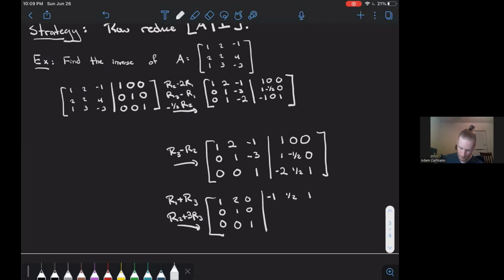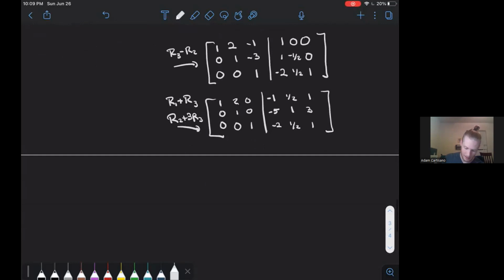So negative 6 plus 1 is negative 5. 3/2 minus 1/2 is 2/2, which is 1. And 3 plus 0 is 3. We got there. Okay. Negative 2, 1/2, 1.